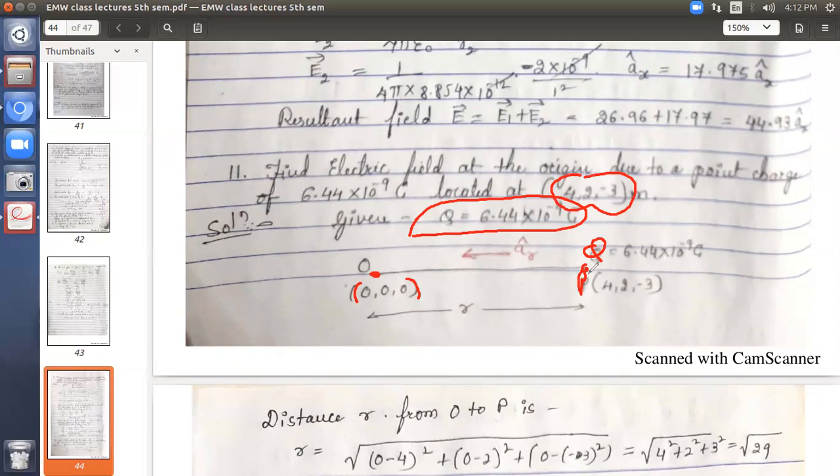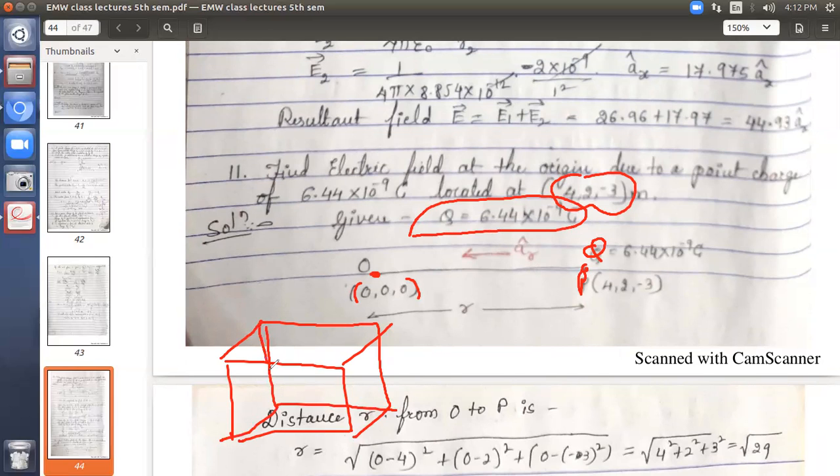Consider a corner in your classroom, that corner acts as the origin. Okay, one edge, I can show you like this. This is your classroom. If I consider this corner as the origin point, and say here there is a point P, and that point is already given, it is 4, 2 and minus 3.